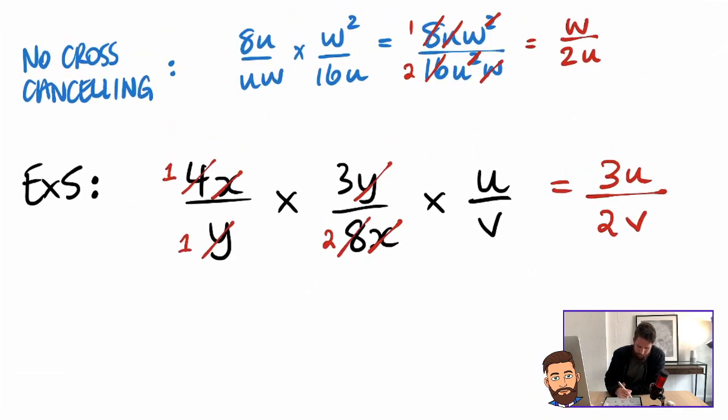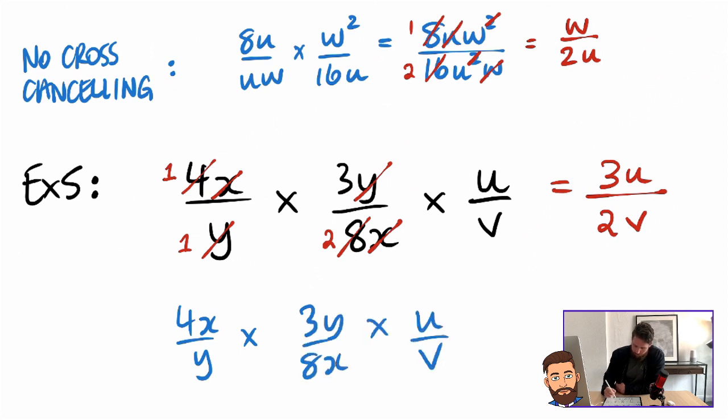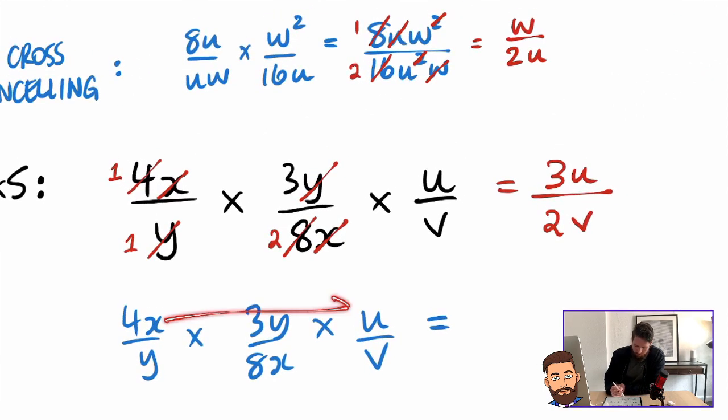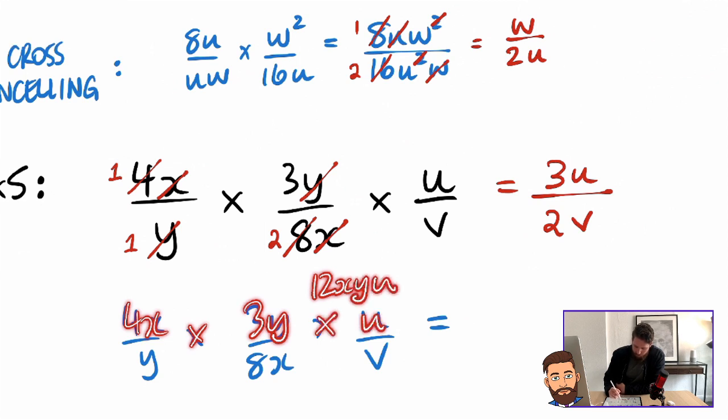What would I get? Well, I've got 4x over y times by 3y over 8x times by u over v. So if I did not cross-cancel, I would have to multiply straight across. So I'd have 4x times by 3y would give me 12xy, times by a u would give me 12xyu.